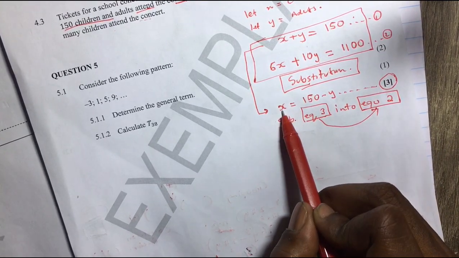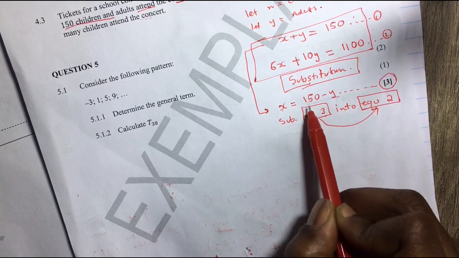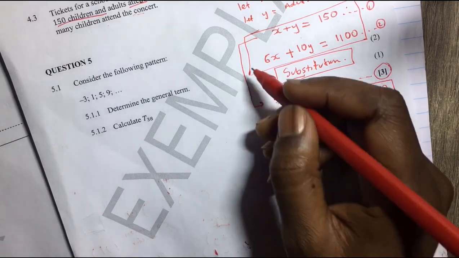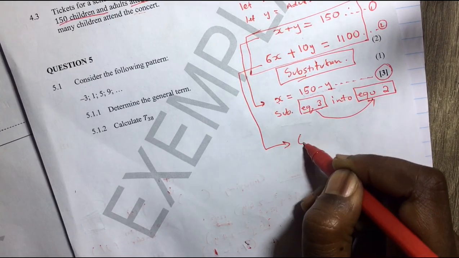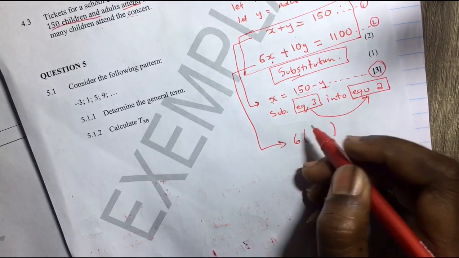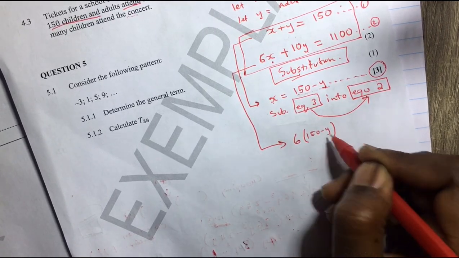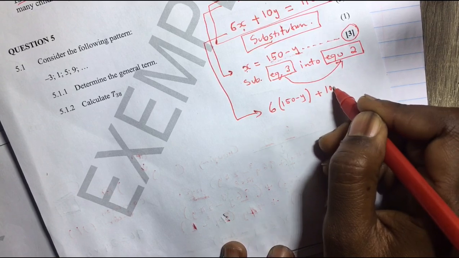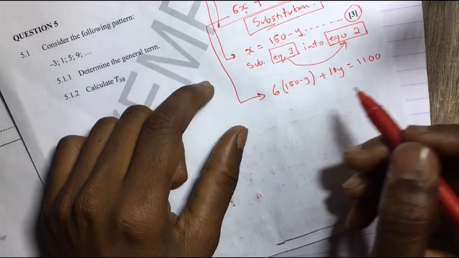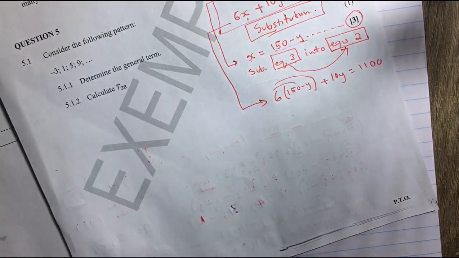So wherever I see the value of x, I'm going to write 150 minus y. So this equation is 6x. In the place of x, I'm going to write 150 minus y, plus 10y equals 1100, and then multiply in.